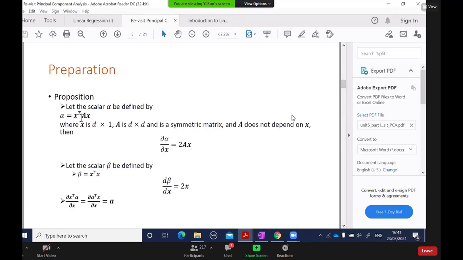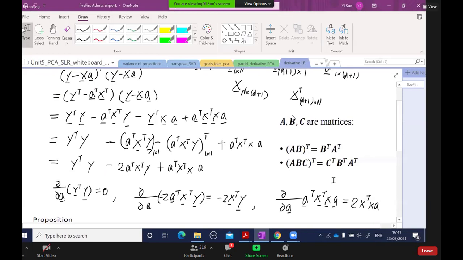A vector transpose multiplied by a symmetric matrix and then by the vector itself gives 2Ax. Just consider it loosely like an x squared giving 2x. So for this one, that is finally what we get. Here X transpose X is considered to be a symmetric matrix.